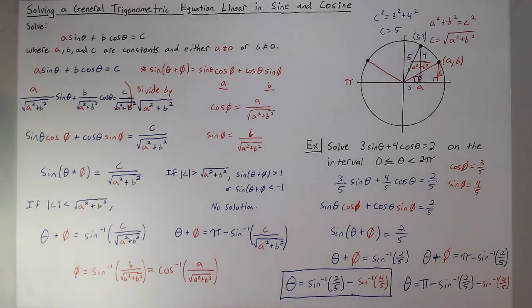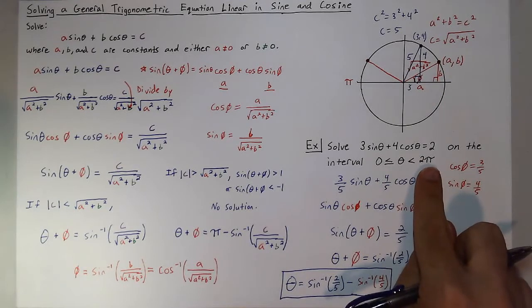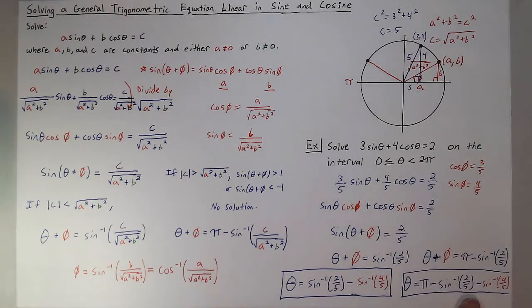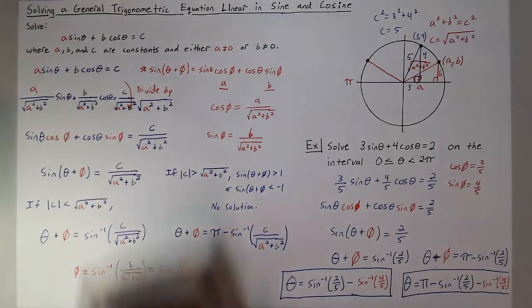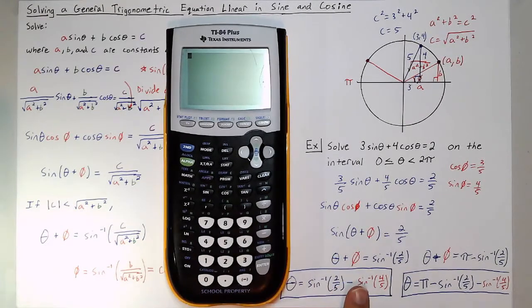Now I'm about to come across a problem. Possibly, these answers need to be on this interval from 0 to pi over 2. So I need to check to see if they are, and if not, I need to make adjustments to get the correct answer. So I'm going to take my calculator, and I'll do sine inverse of 2/5 minus sine inverse of 4/5.